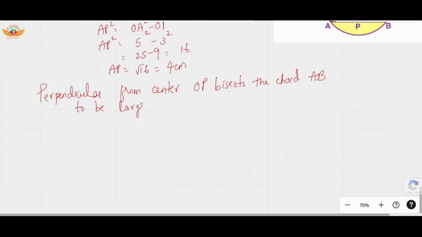Yes or no? This perpendicular is there, right? From the center, OP is bisecting the chord AB. Bisecting the chord means it is being divided into exactly half. Bisecting means exactly dividing into half.